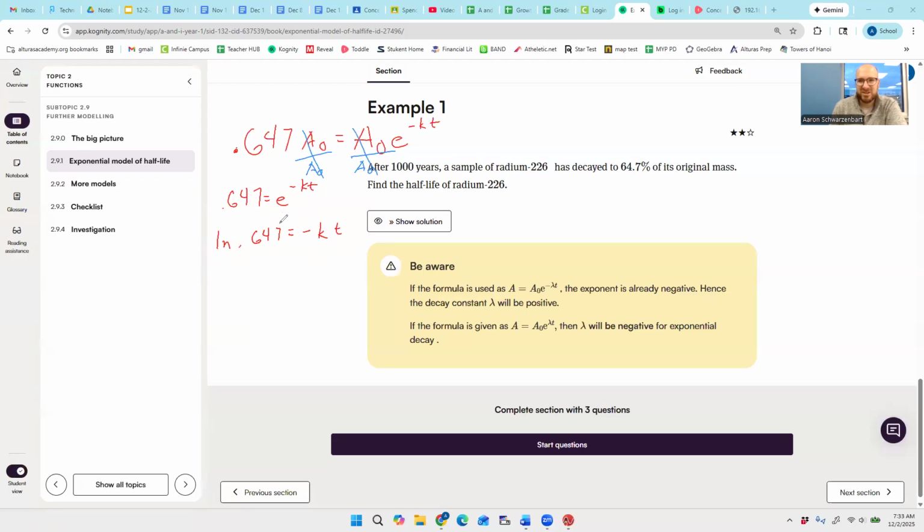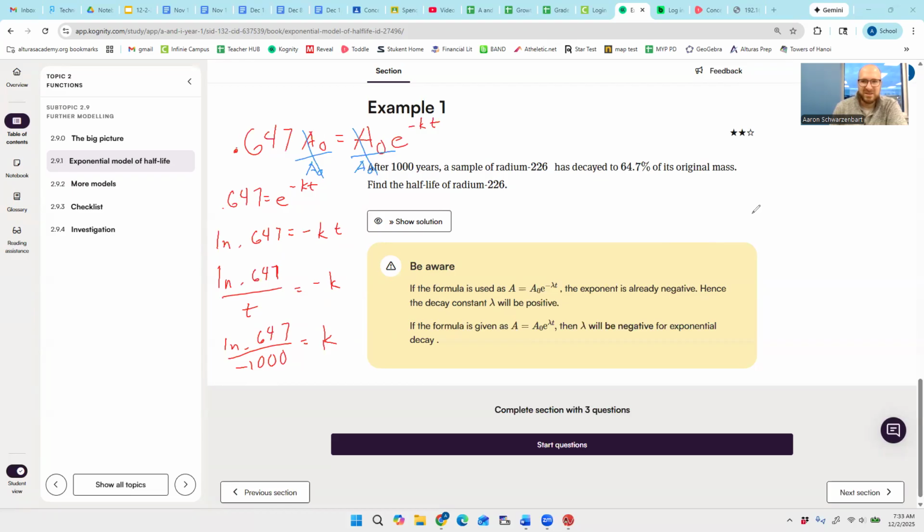And when I take the natural log of e to the negative kt, I just get negative kt. Oh, I guess I knew t was 1,000. So I'll divide this by t to get negative k over 1,000.